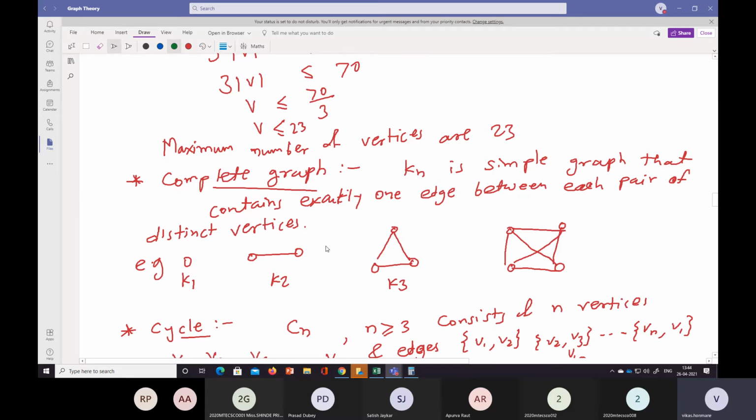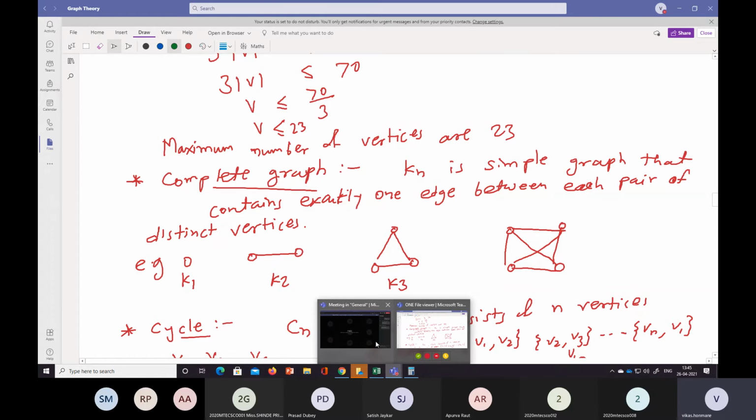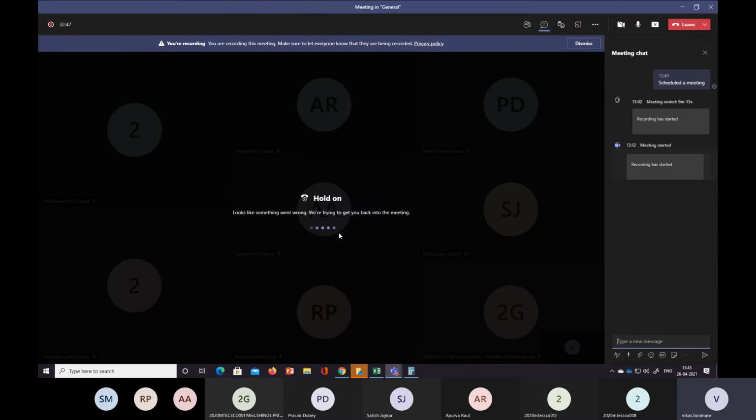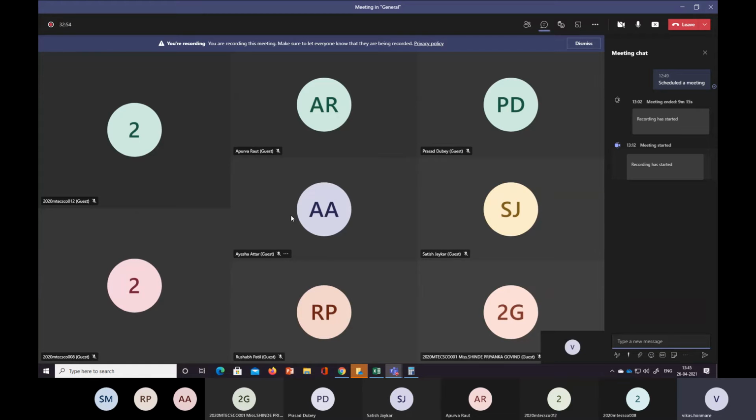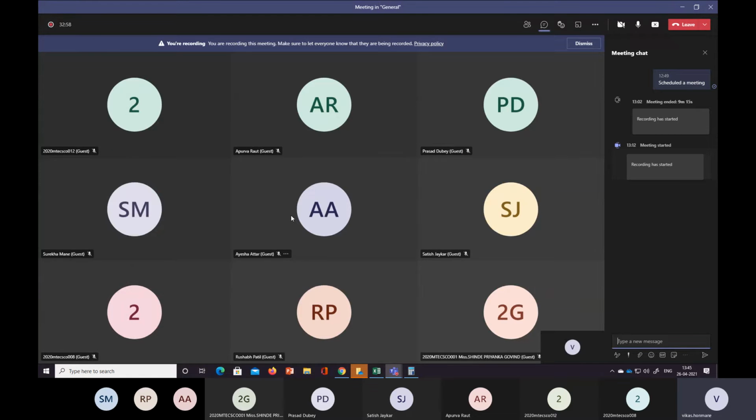Then the next terminology is about the complete graph. So Kn is a simple graph with... okay, before moving to the next point, is there any doubt till this point?